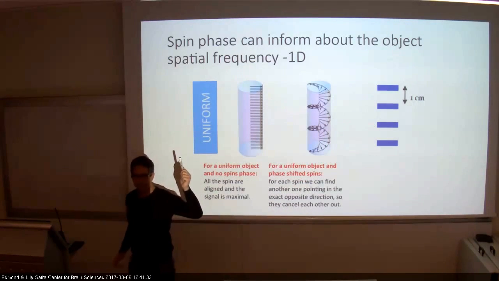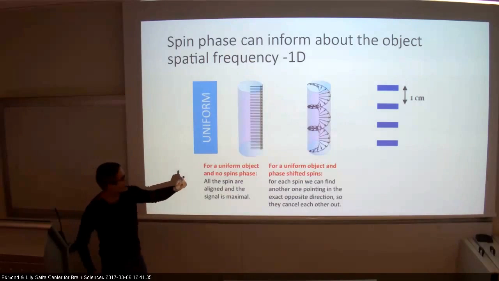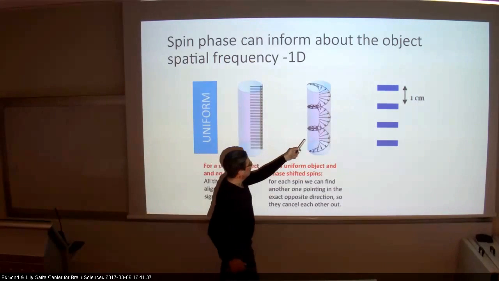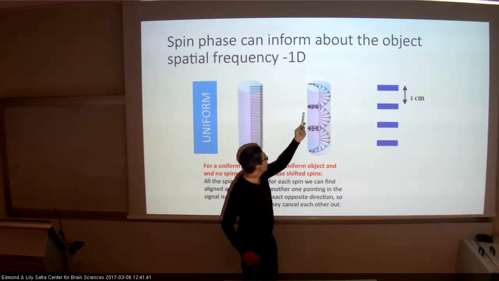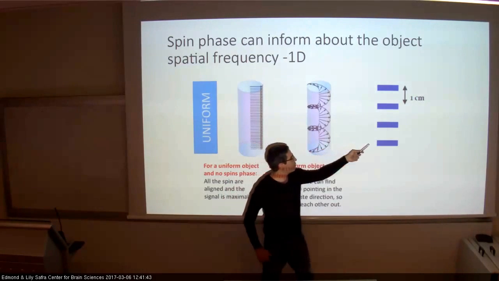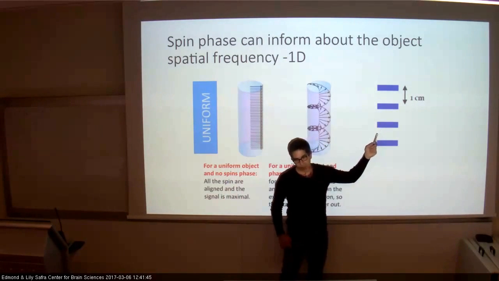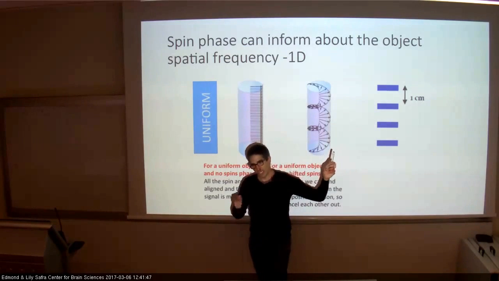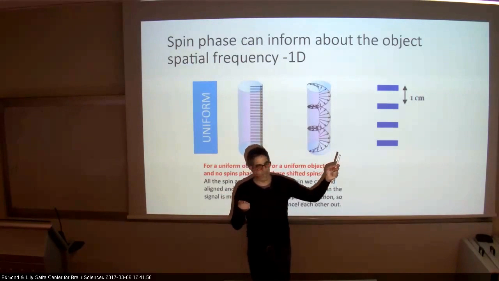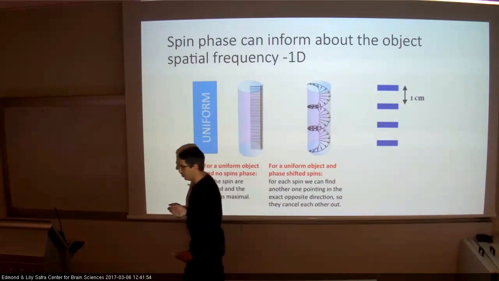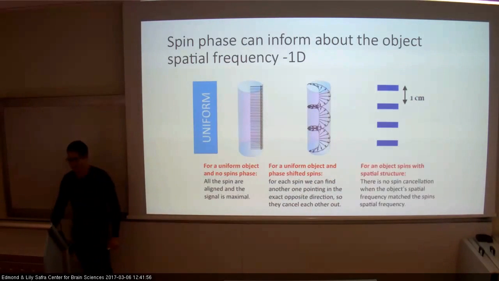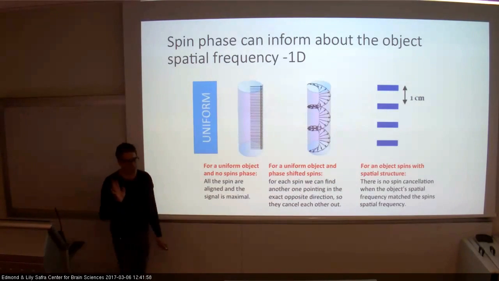Depending on the frequency of this helix in space, and the frequency of my object, there will be times in which I will actually see a signal which will reflect the frequency of this object. Was that clear? If you understand that, you understand it.